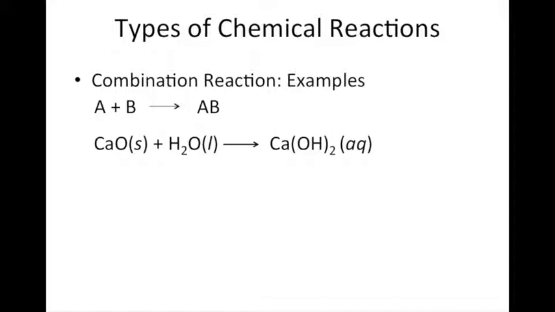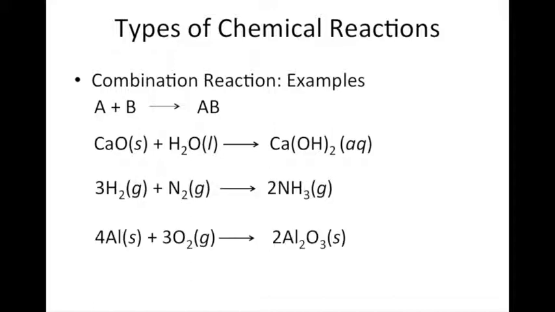Here we'll look at 3 of these. And pause the video and look at them carefully. You'll see that in each of these reactions we start with 2 different reactants. You could have more, but generally 2 reactants, and they combine chemically to form a single product. So all of these would fall into the combination reaction format.